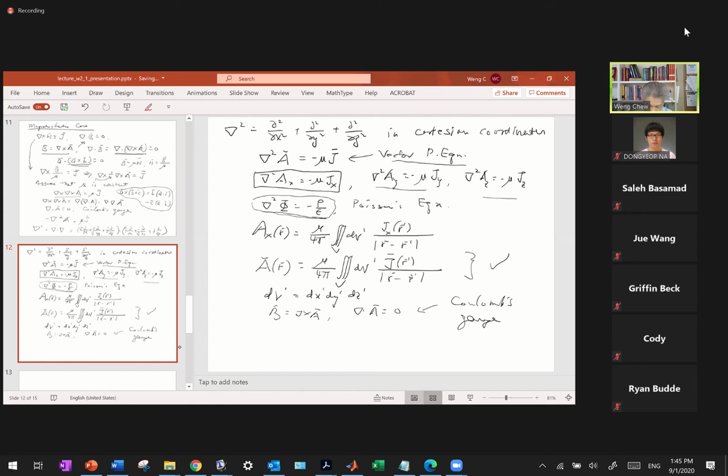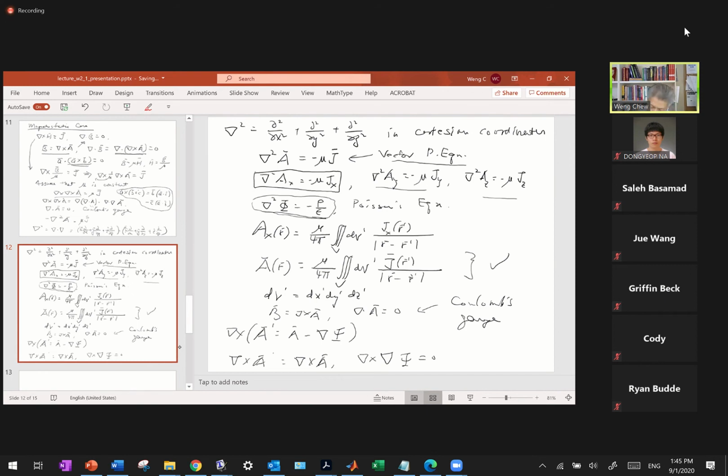Okay, so this is like the statement that if I have an A prime equal to A minus grad psi, and I take the curl of both equations, then I will get curl of A prime equal to curl of A, because the curl of the gradient of psi is equal to 0.